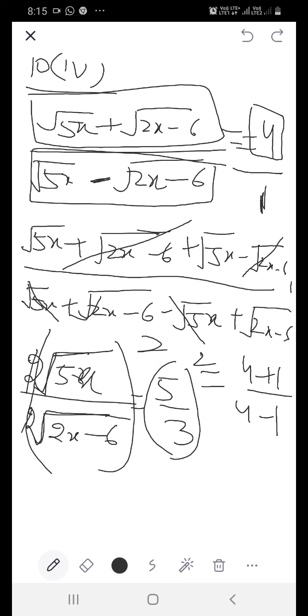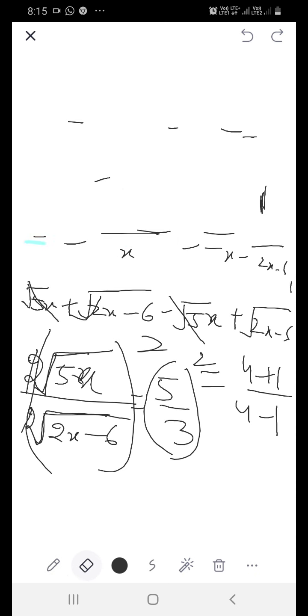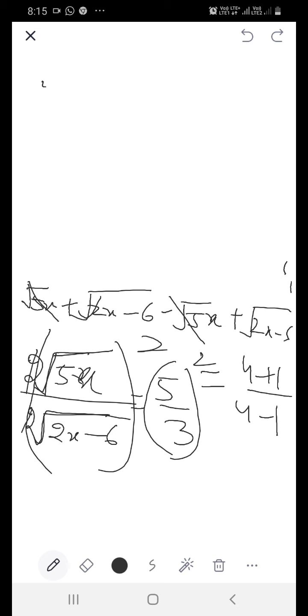When you do squaring on both sides, what do you get? Under root 5x will become 5x upon under root 2x minus 6 will become 2x minus 6, is equal to 5 square 25 upon 3 square 9.